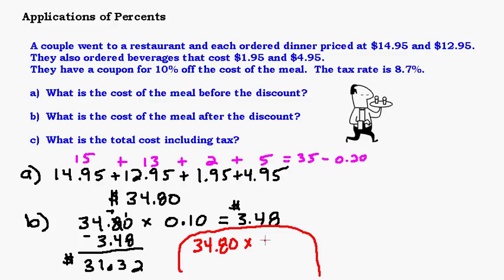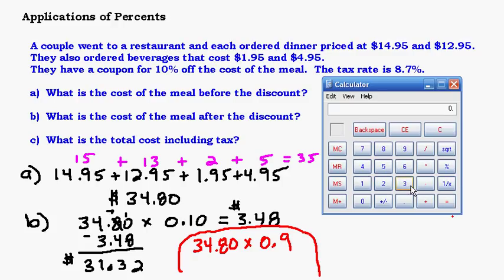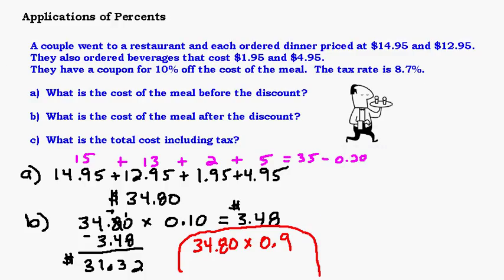We would pay 90%. Remember earlier when we were taking 100% and subtracting stuff off? So if I would have taken $34.80 and multiplied it by 0.9 for 90%, that would take me straight to the $31.32, the cost of the meal after the discount. That's a good little shortcut, but you can see either way works.